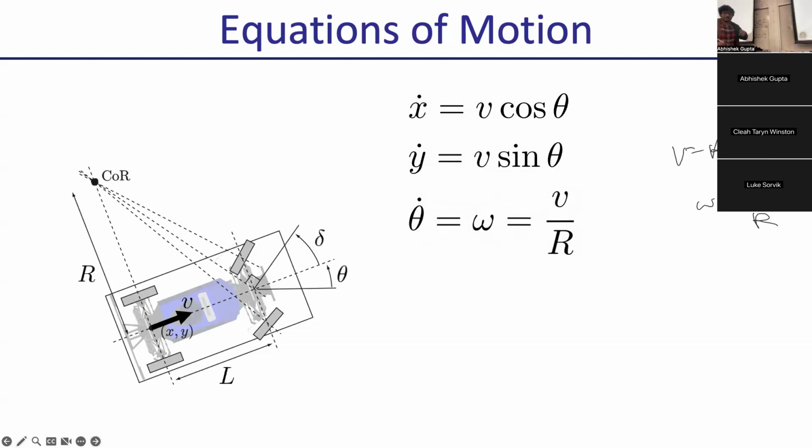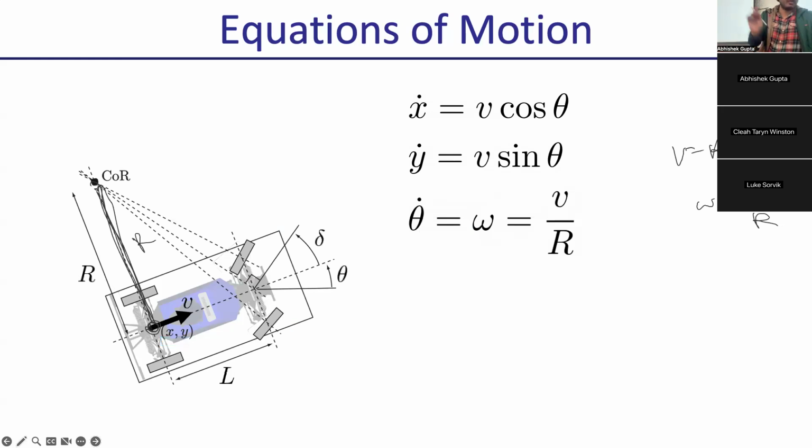R is the radius of that instantaneous circle, so it's the distance between our point and the instantaneous center. This is what we're going to define as R, and the velocity of this point is V. So the angular velocity is V divided by R, where R is the distance between this point and the instantaneous center, which we haven't figured out yet.